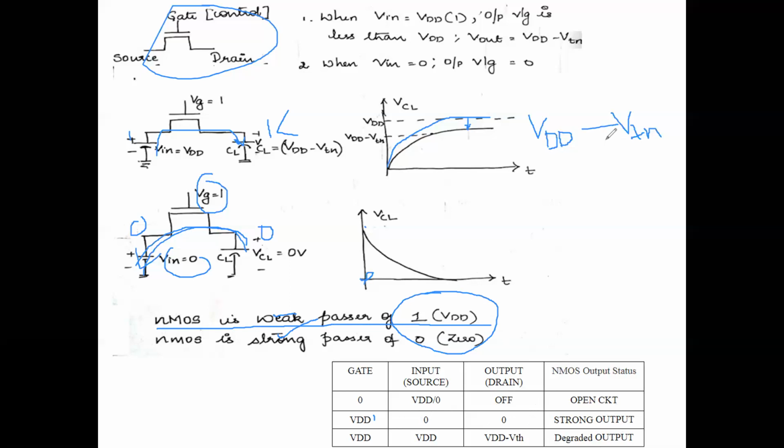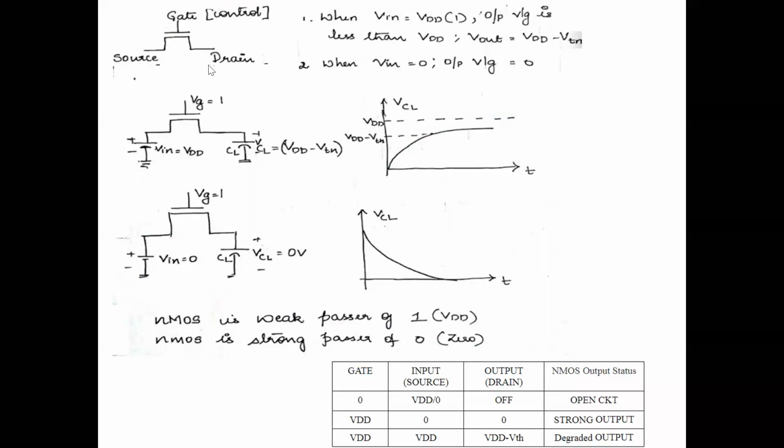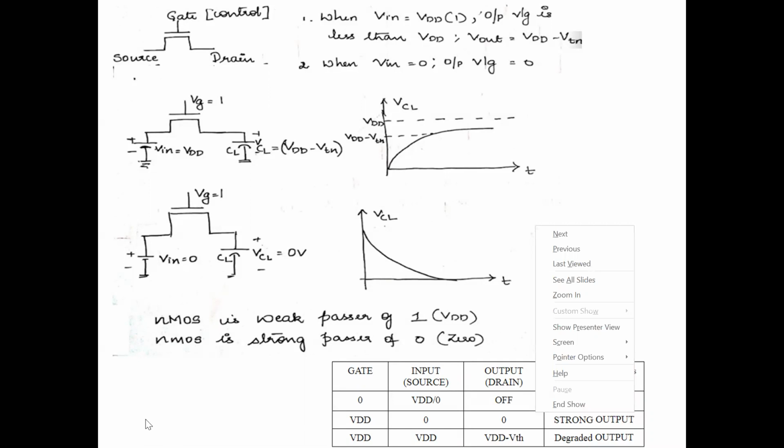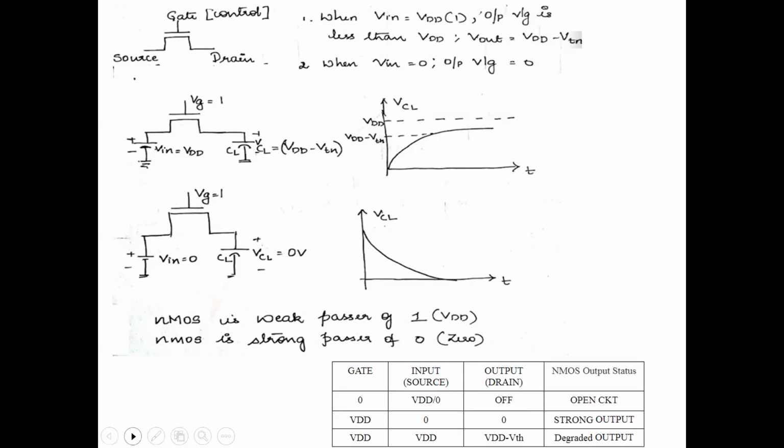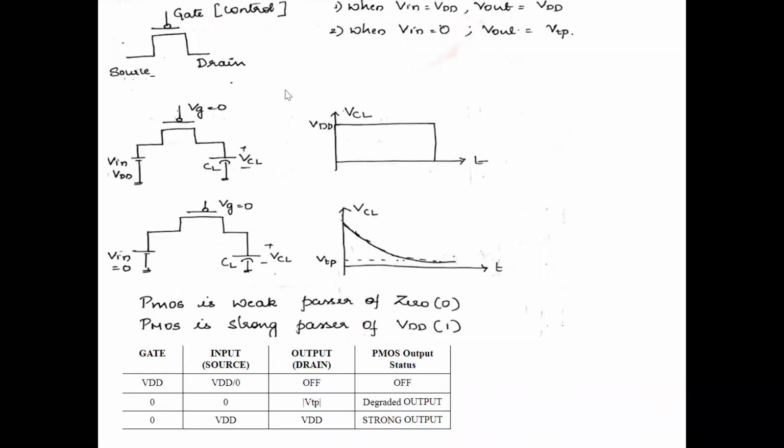Similarly, the next one, this is the P transistor. Again, we have the gate control, source and drain. With VG equal to 0, since VG has to be 0 for PMOS to be turned on, when Vin is equal to VDD, the output is equal to VDD.